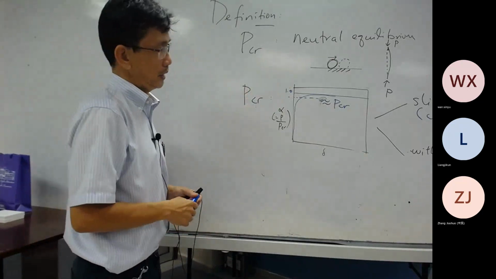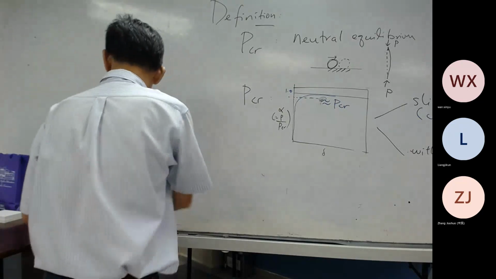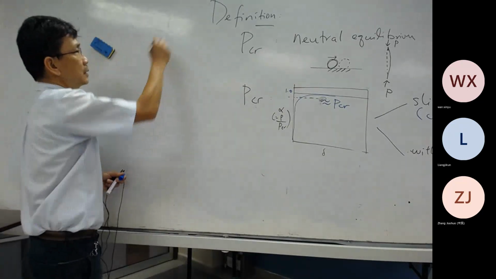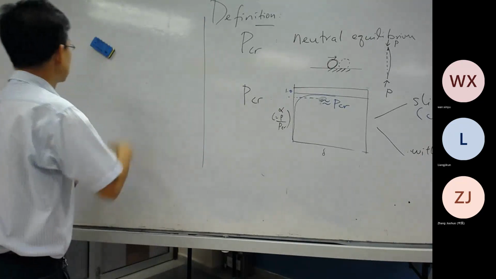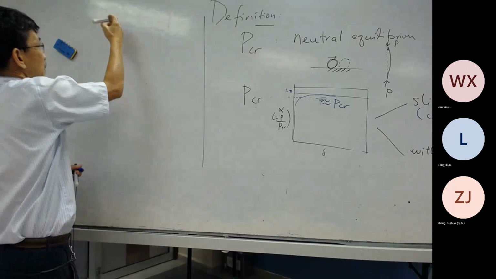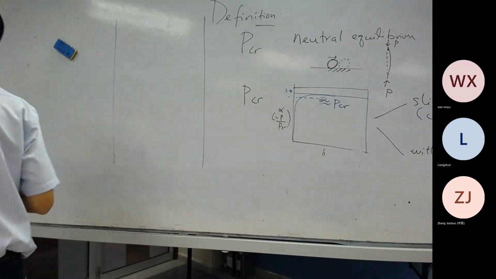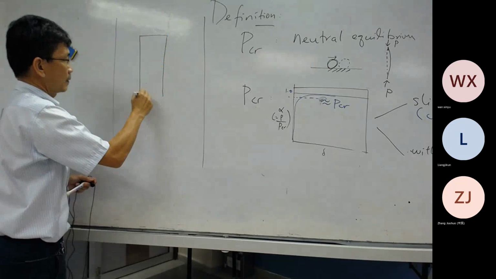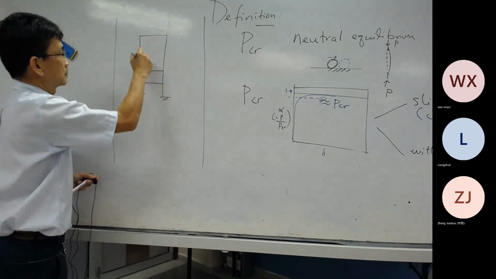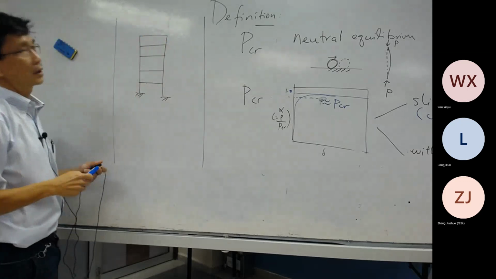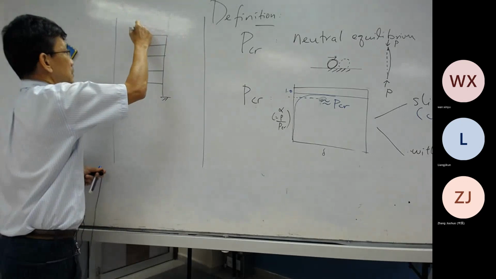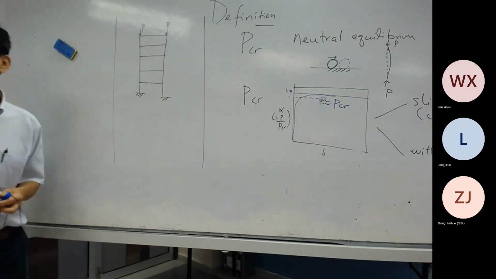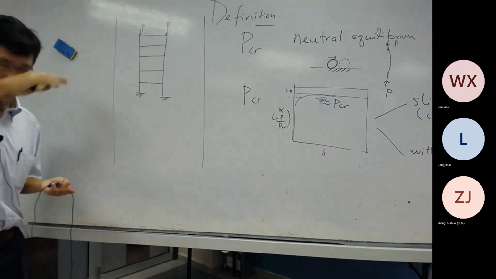So what we can learn from here is if you want to estimate the P critical for a problem, let's say I have a problem and this multi-story frame is subjected to compression load.